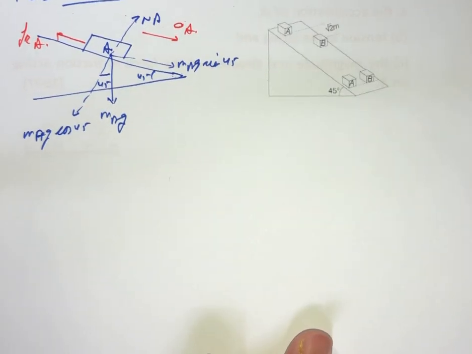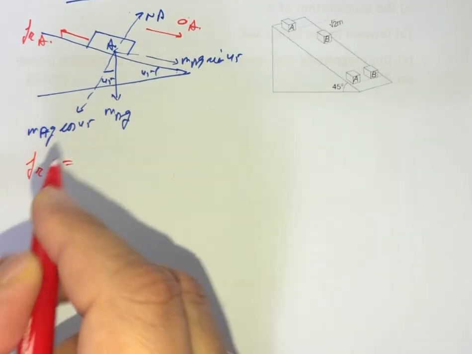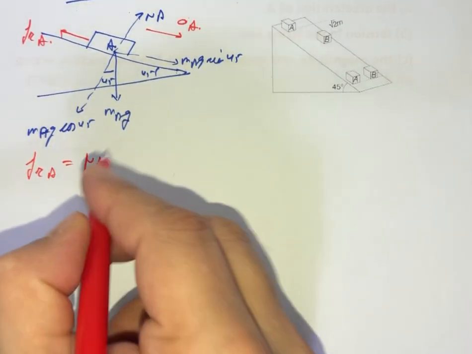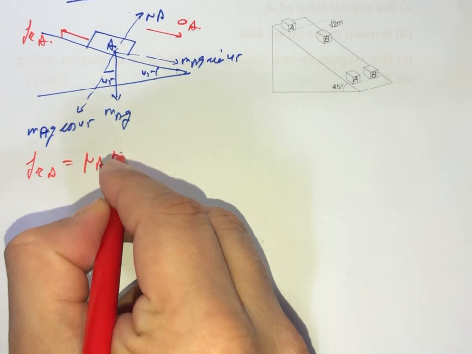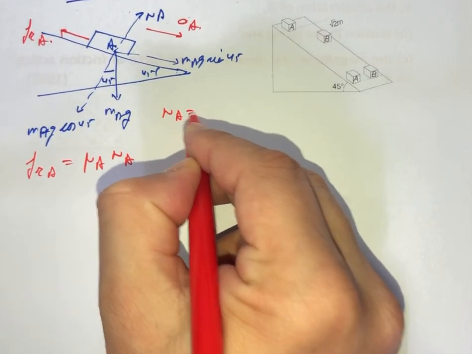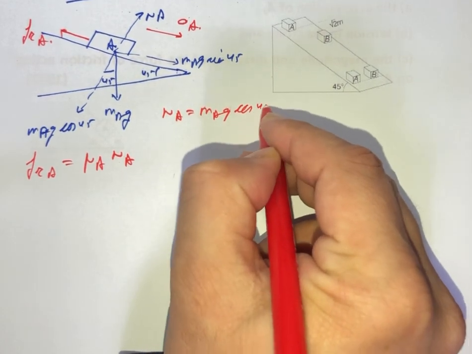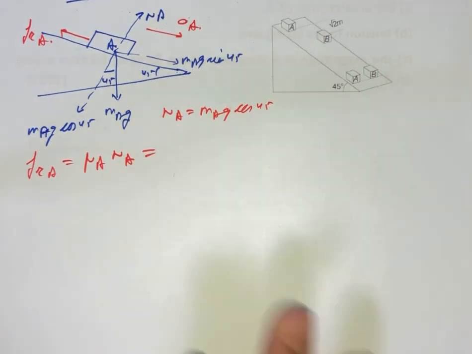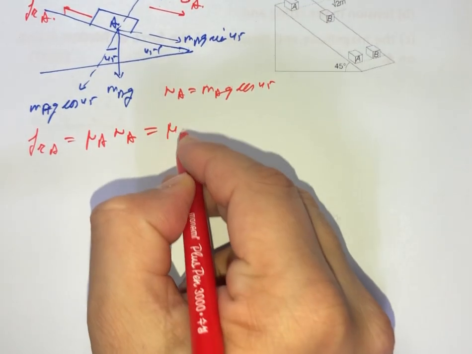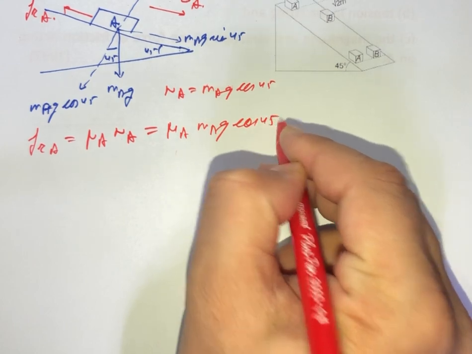So we can write that our FRA will be equal to mu A, that is the kinetic friction, multiplied by NA, and NA is equal to MAG cos of 45. So we substitute it here, we get mu A MAG cos of 45.